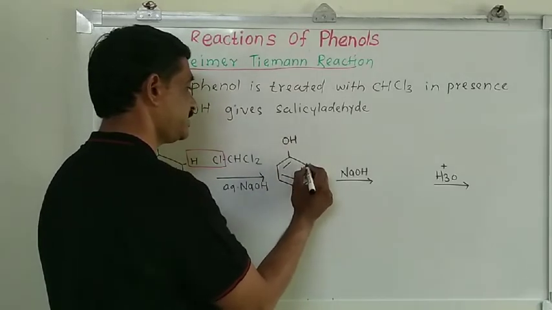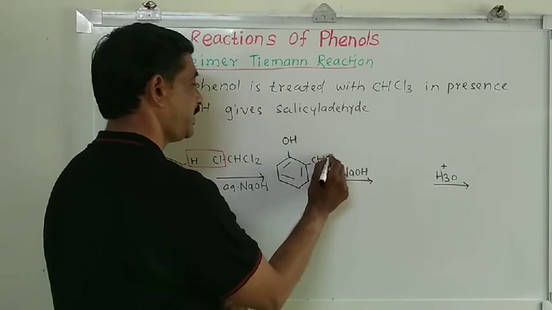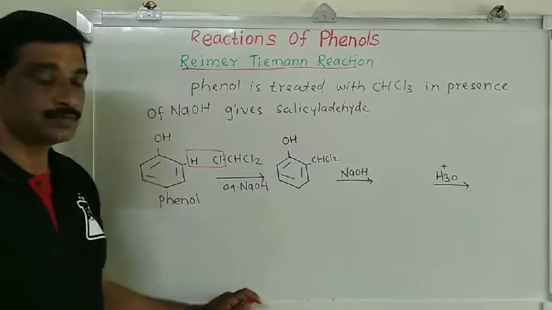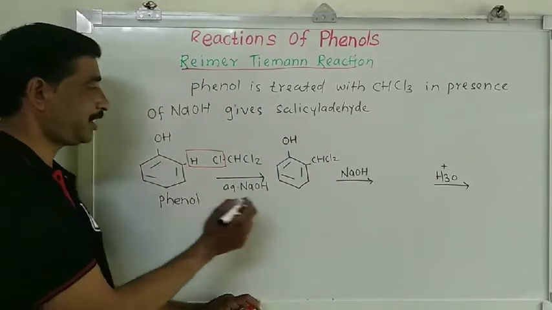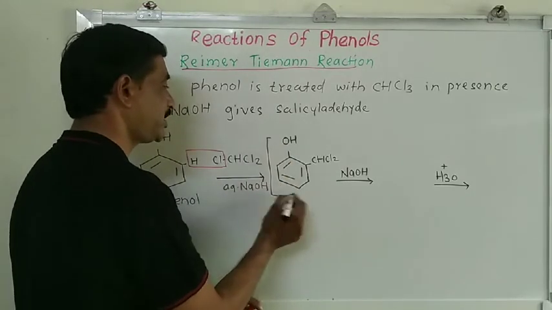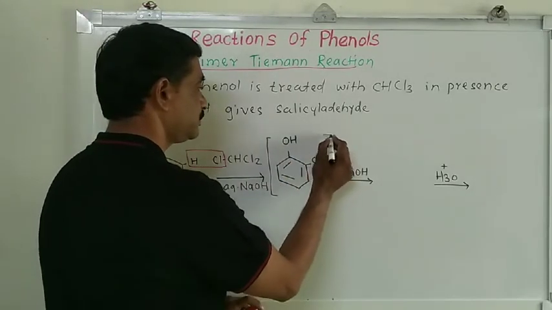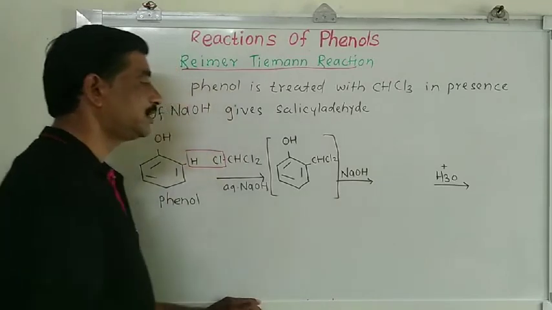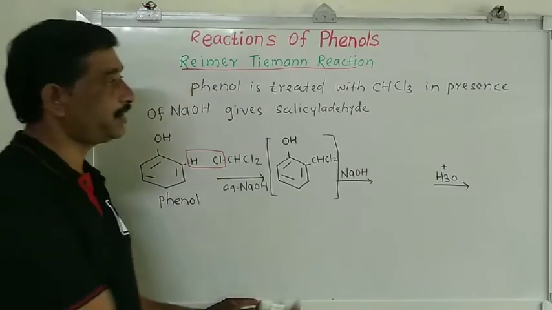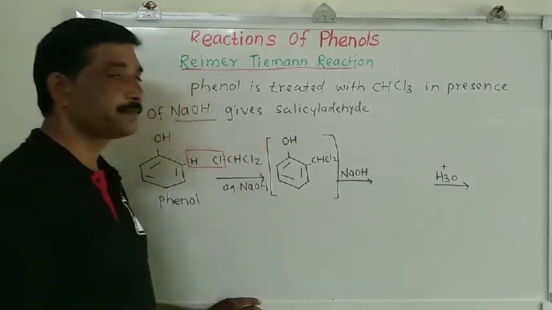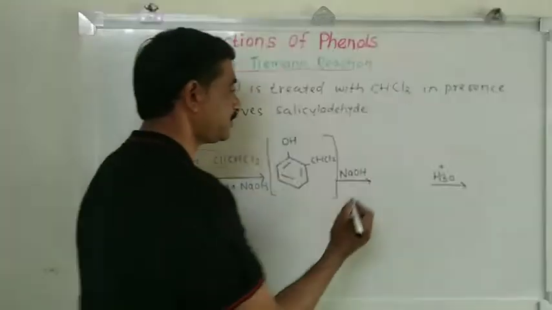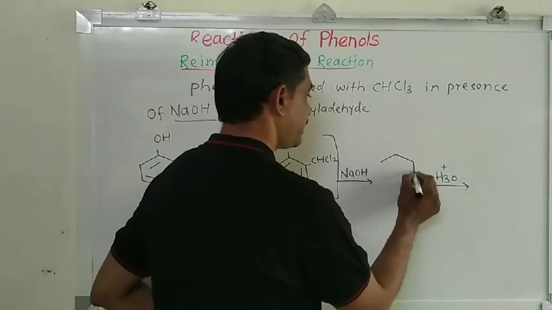OH group remains as is, and here we get CHCl2 added to the ortho position, and we get here an intermediate unstable compound. This unstable compound when reacted with sodium hydroxide, then here we get another intermediate compound.